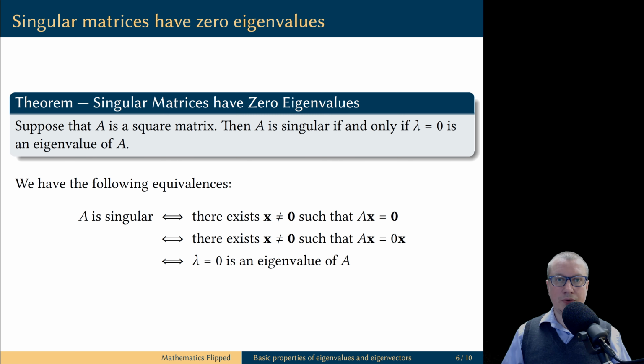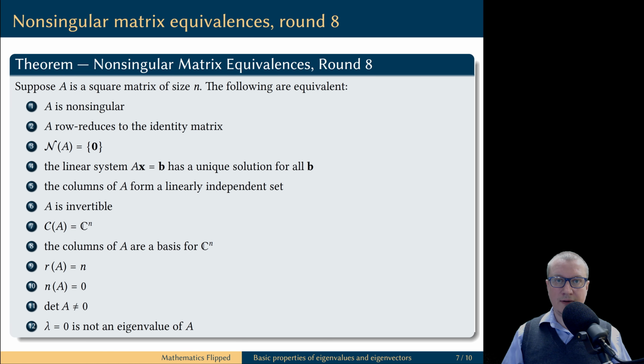But this is equivalent to saying that 0 is an eigenvalue of the matrix A because there is a non-zero eigenvector that corresponds to this eigenvalue. Because this was an if and only if statement, we can also rephrase this as follows. A square matrix is non-singular if and only if 0 is not one of its eigenvalues.